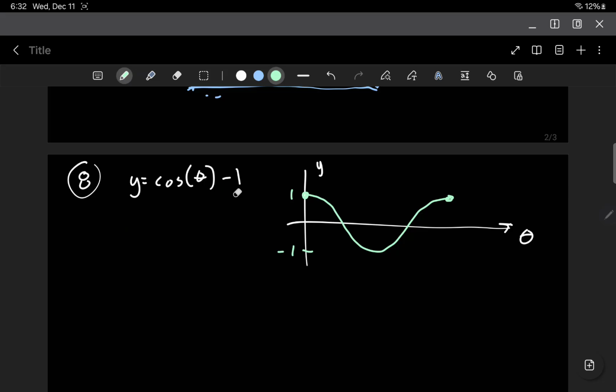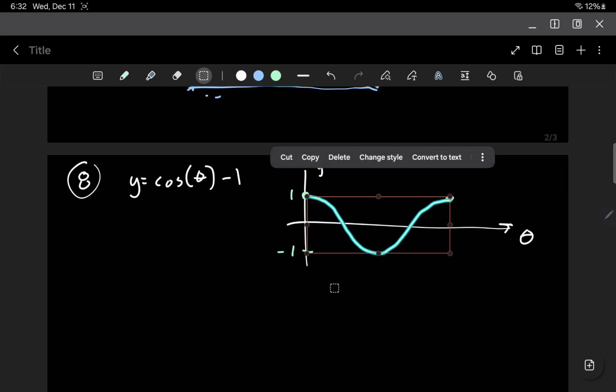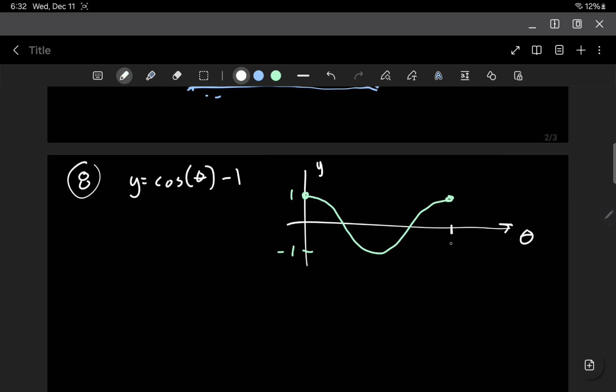So this -1 here tells you that you need to take this entire curve and move it down 1 unit. If you want to start with that cosine curve, I did need to see where these are happening. So this is pi over 2, 3 pi over 2. You can either start with this and then move everything down visually, like that.